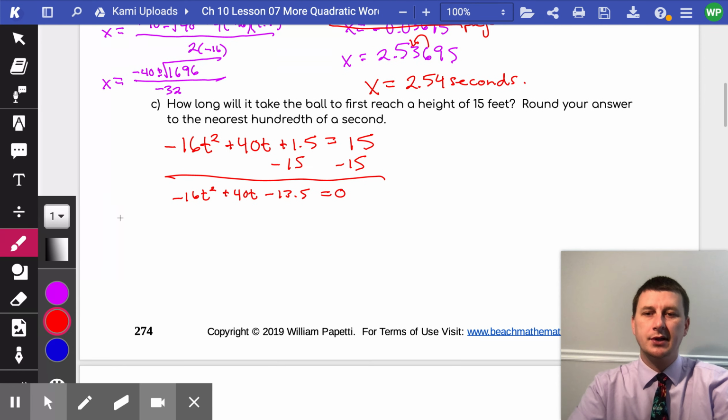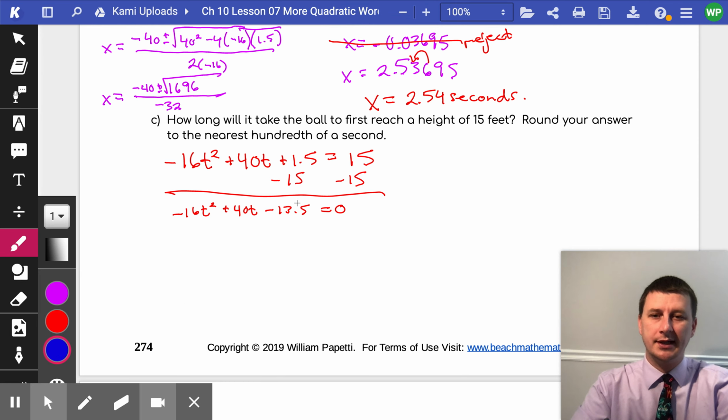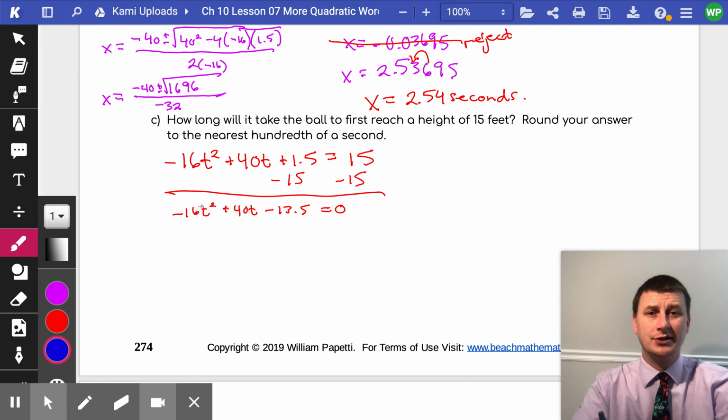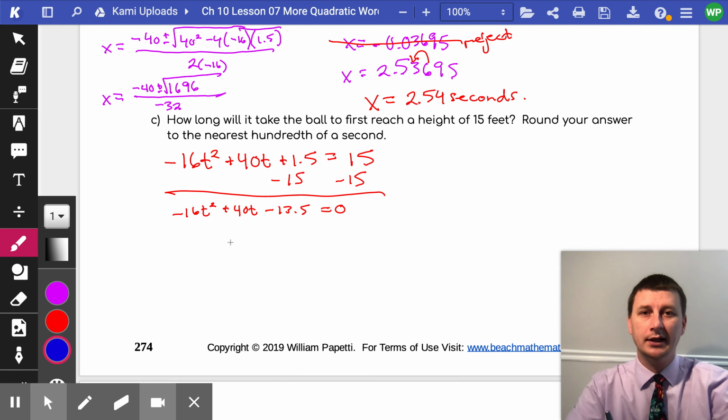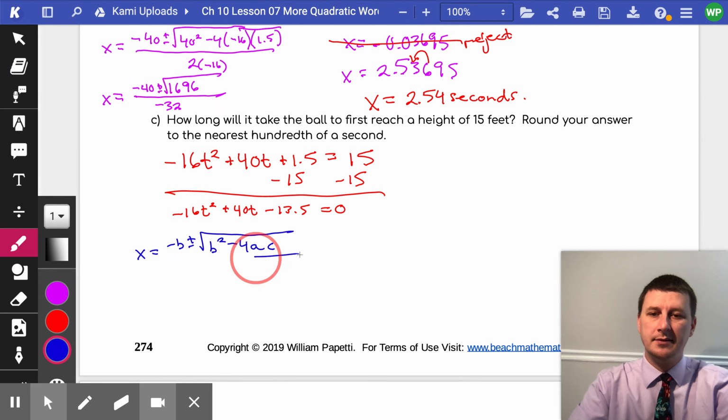Okay? So using that, we're going to use the quadratic formula once again, because we have decimals and a coefficient greater than 1. I don't want to deal with any of that with anything other than the quadratic formula. So I'm going to write down my formula, which is x equals negative b plus or minus the square root of b squared minus 4 times a times c, all divided by 2a.